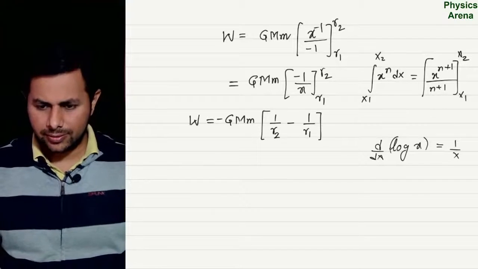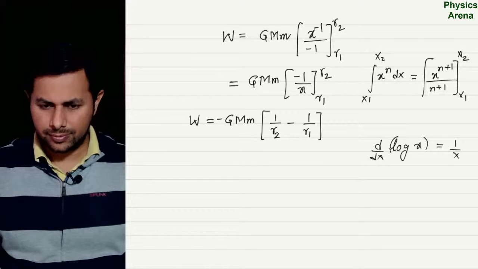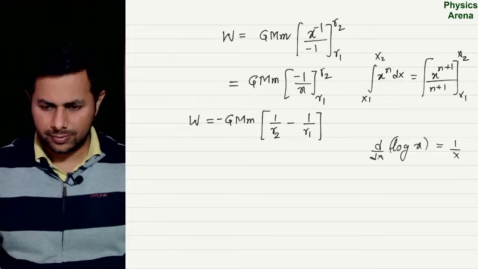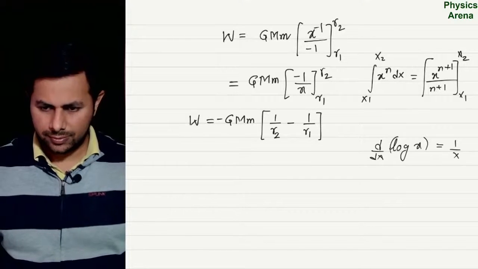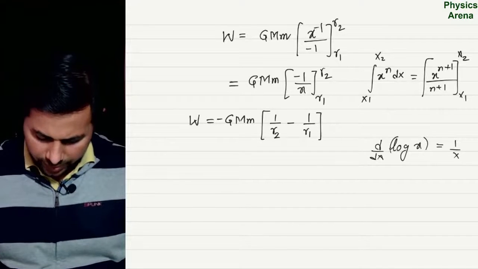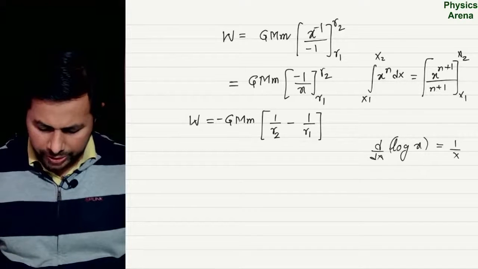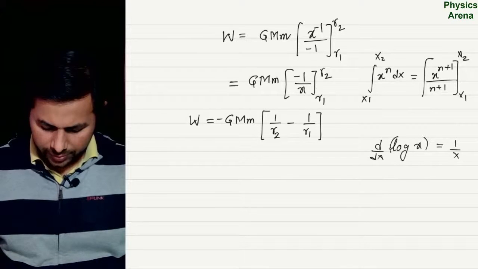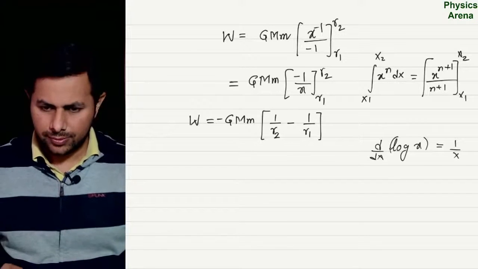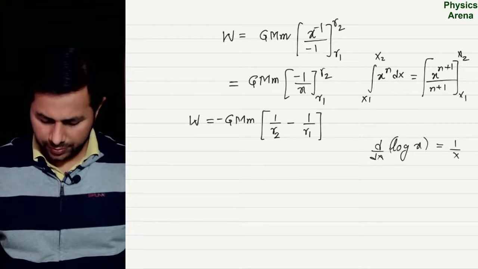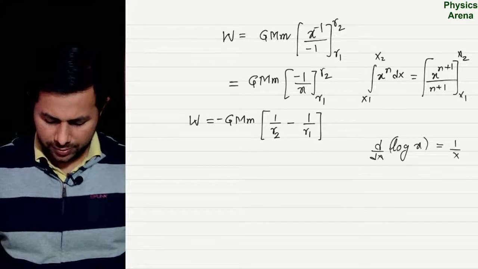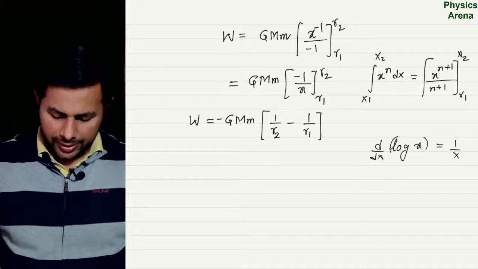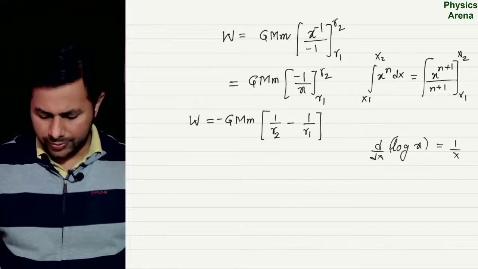Clear till this point? Oh, I am taking the negative sign outside, then 1 by x will remain.